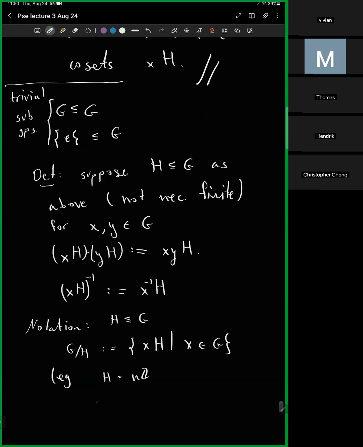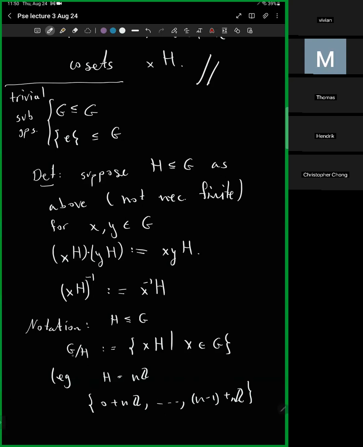Then the set of all cosets was 0 plus nZ up to n minus 1 plus nZ, and this really resembles the integers modulo n.